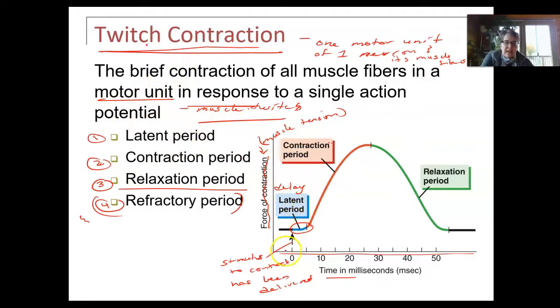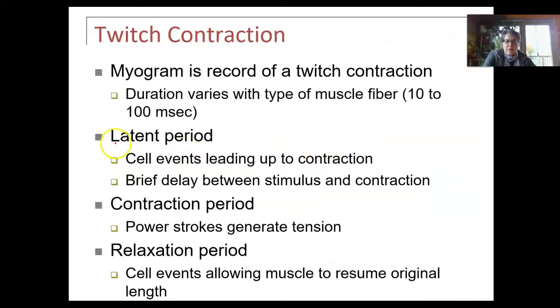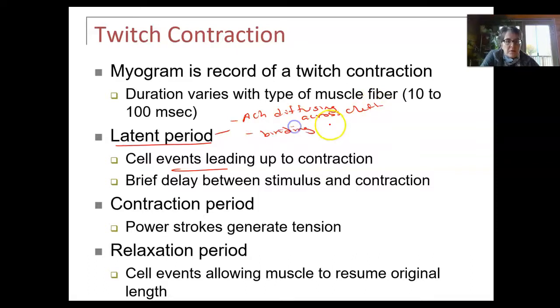Why is there a delay? I said, hey, contract. There's a delay, 5 milliseconds. What's that all about? The latent period is the events leading up to contraction. What's happening in the latent period? Well, acetylcholine is diffusing across the synaptic cleft. I can have binding to receptors.